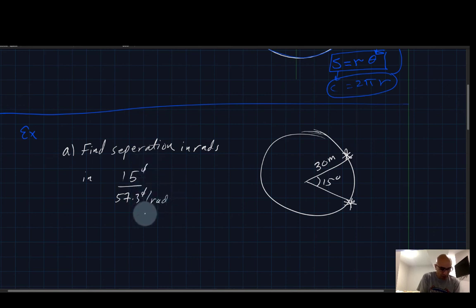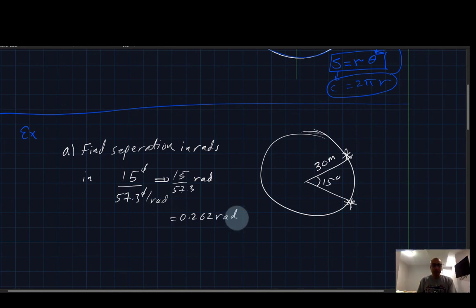Degrees with degrees go away, and the denominator of the denominator goes up. So the answer is 15 divided by 57.3 rad, and with some calculation you get 0.262 rad. There it is.